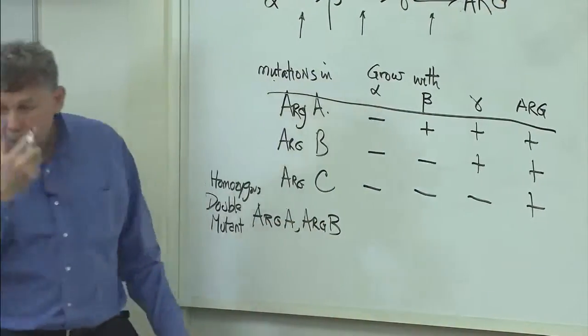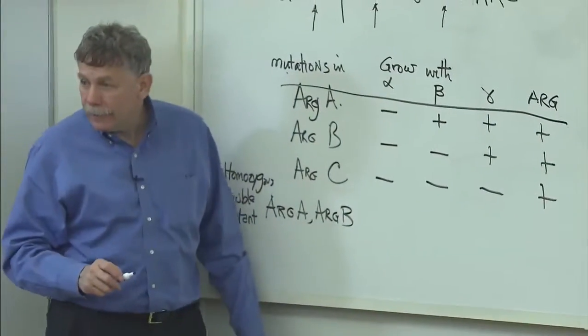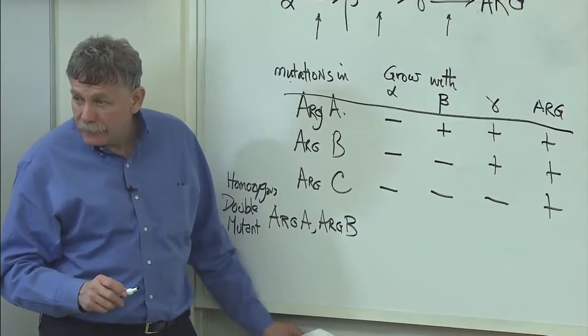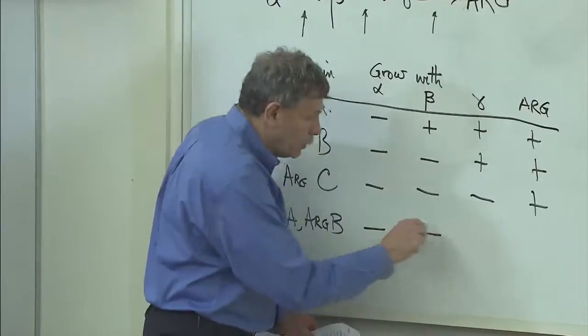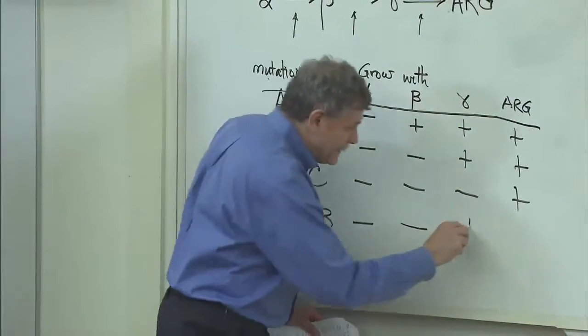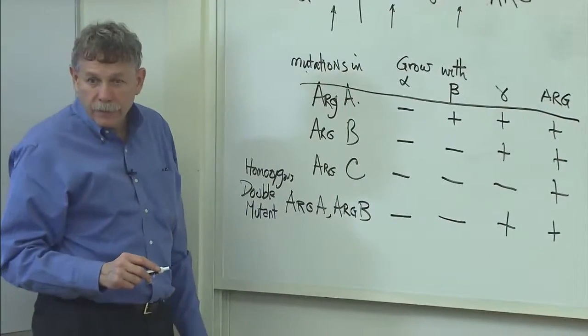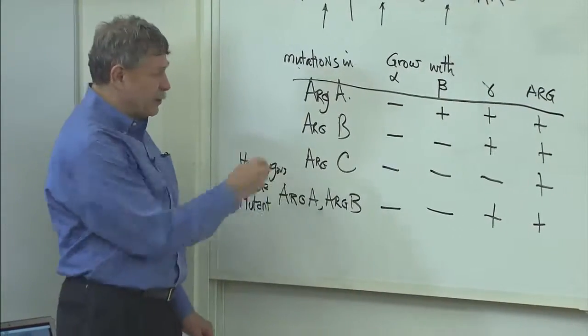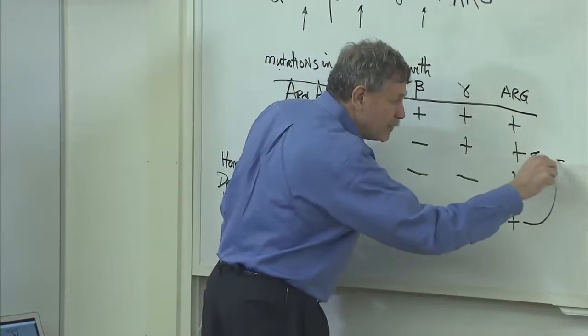Double mutant. Lacks both of those enzymes. Could it grow given alpha? No. Could it grow given beta? No. Could it grow given gamma? Yes. Could it grow given arginine? What does it end up looking like? It actually just looks the same as ARG-B. Same pattern.